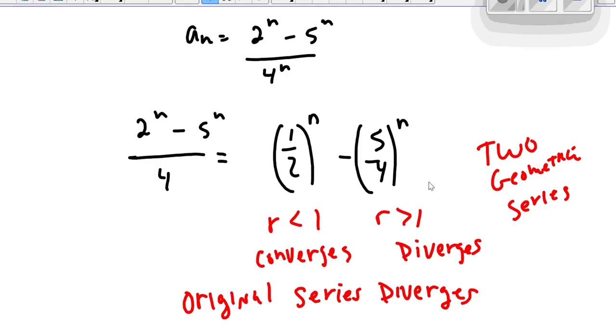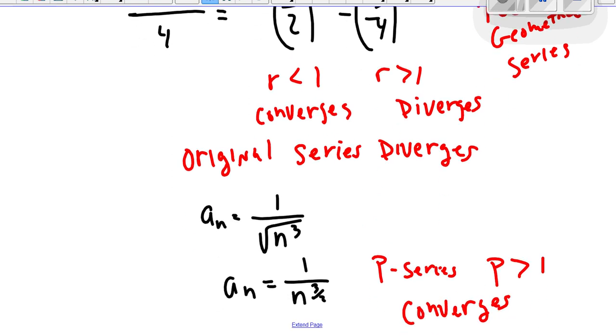So there are two geometric series here. My r is 1/2 for this one. That's less than 1, so that converges. This one's 5/4, so my r is greater than 1, so this one diverges. Since this one diverges and that one converges, the original series has to diverge. They both have to converge in order for the original series to converge.